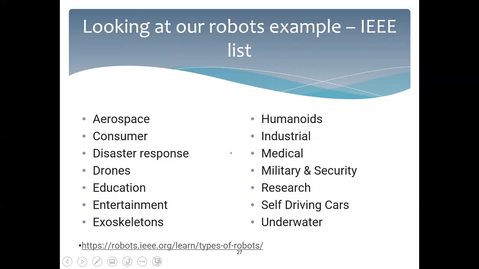Now, let's say I were building something that was just all about robots. I'm going to build a website that's all about robots. And how do I explain how this is organized? Well, I might start with this as categories because this makes a lot of sense.